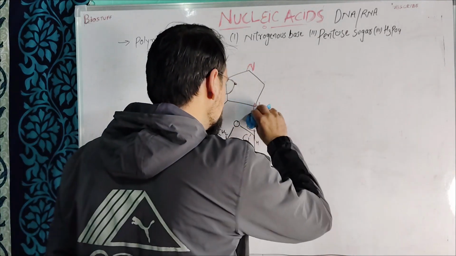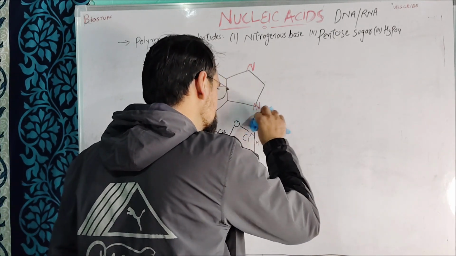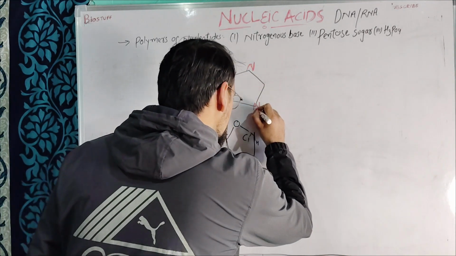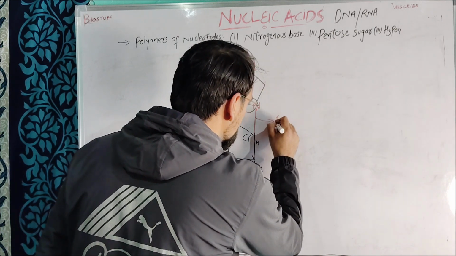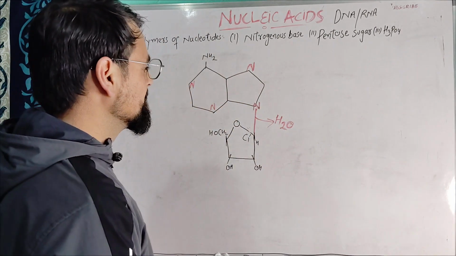So the water molecule will be released. Here H and here OH will be released, and we can make a bond like this. And in this bond, a water molecule is released.